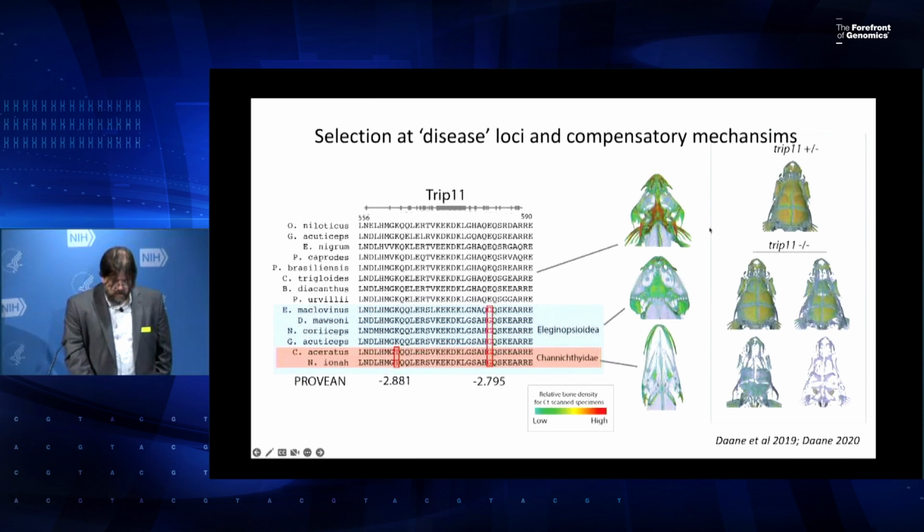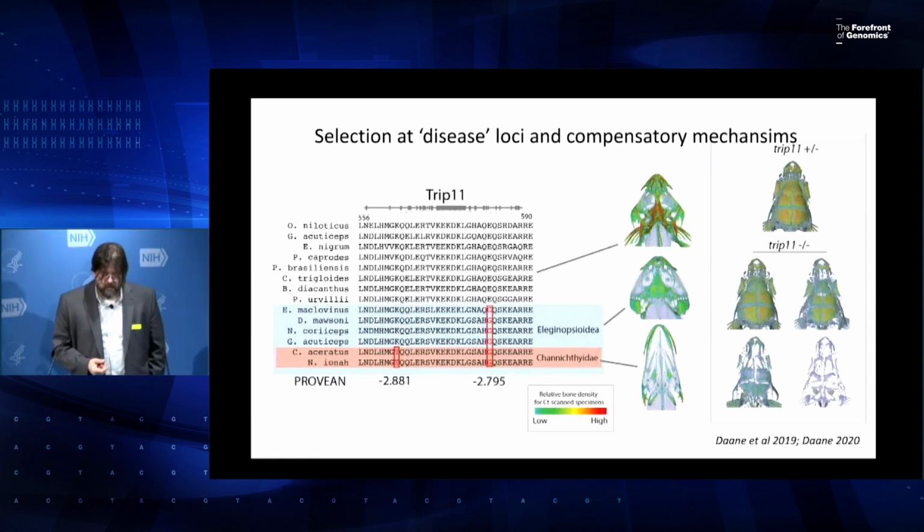And so we're able to see, as you go through the phylogeny, that all of the Eleginopsioidea, which contain the ice fish and other notothenioid relatives, start to accumulate mutations in this gene TRIP11 that over time accumulate more and more. And what you see is that they start to lose more and more bone when this happens. Now, what I don't have time to show you is that mutations in TRIP11, both in humans and in models in mice, lead to a reduction of bone phenotype.